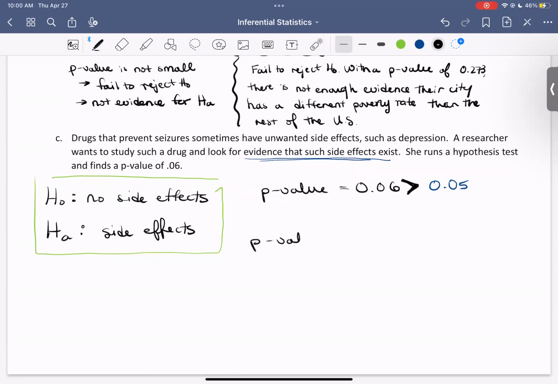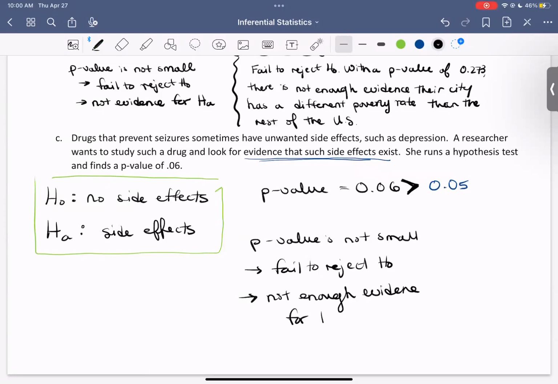So here we'd say the p-value is not small enough. So we fail to reject H0. And we'd say there's not enough evidence for the alternative hypothesis.